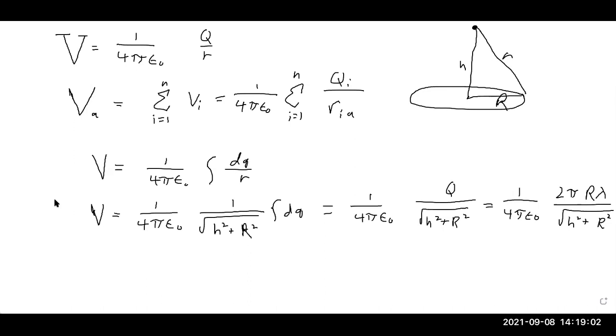So it could be done over a surface, over a volume. I'm not going to do too much of it just because it's, I guess, more math than the fruit is worth most of the time.